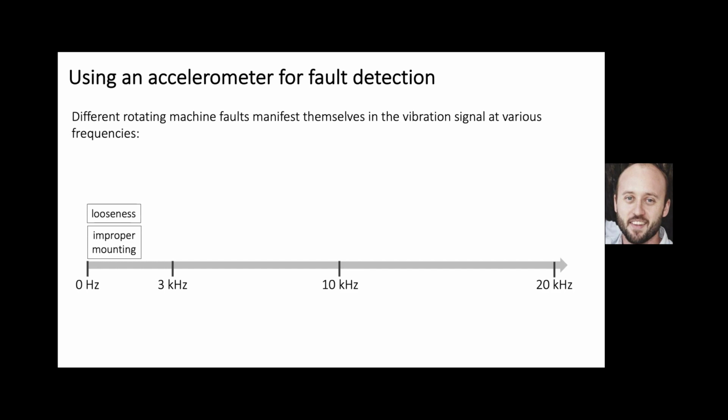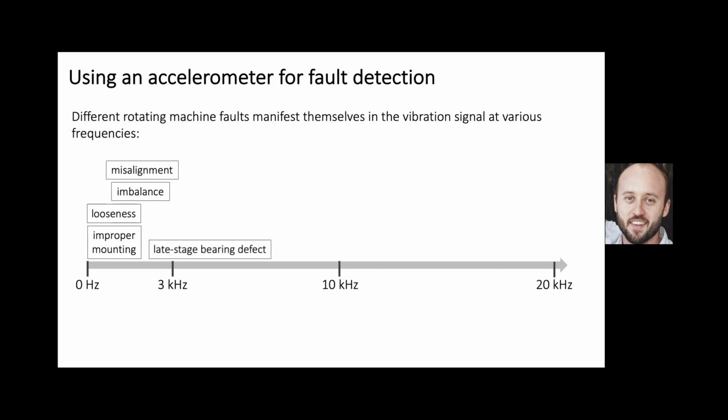And this is the kind of thing that you can typically see with your eye, or you can hear it. It makes a lot of noise. As you move up the spectrum, something like a motor being installed at the wrong angle, so misalignment, or there being some imbalance if there's a bent shaft, this is going to happen more in the middle range.